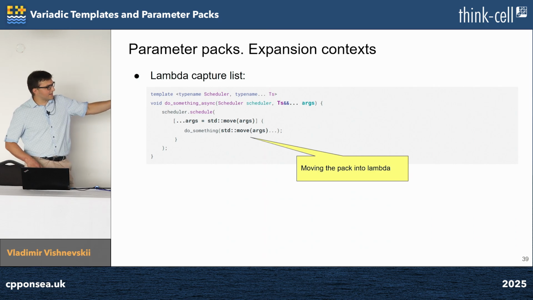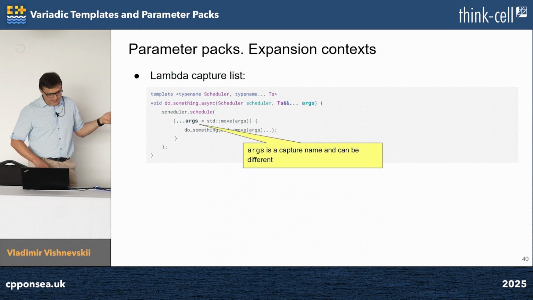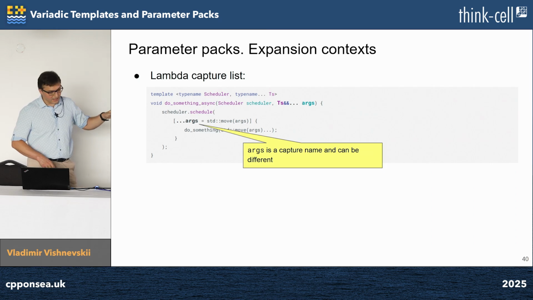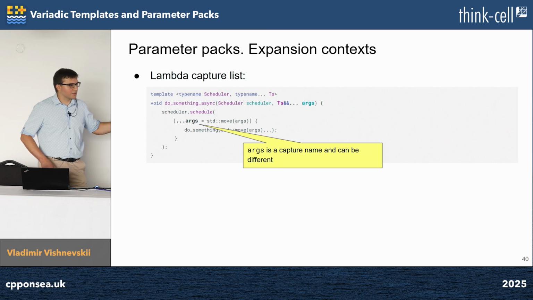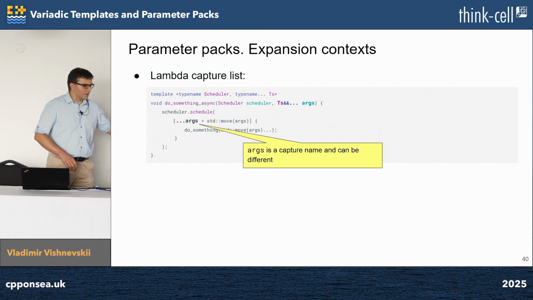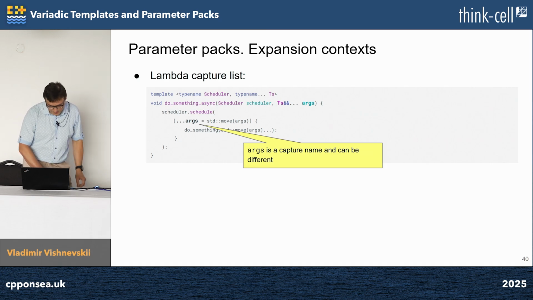But the idea here is that args is the name of the capture within the lambda, and it will store the items that were moved from the context where the lambda was created. This args is just a name for the capture. It can be different, it's not that the same name should be used. I see this pattern quite a lot, so I just wanted to clarify that we can rename args here. It will then be the local name inside the lambda.